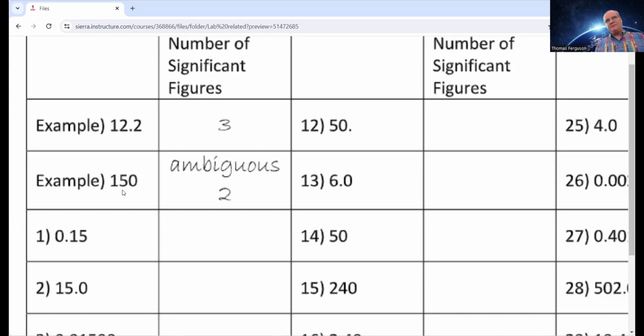Well, in the math department, they go, well, that's ambiguous. You can't tell how many significant figures it is because there's no decimal point. Well, so you treat it like it has 2. You treat it as the least significant. Now, it's up to you whether you want to write the word ambiguous or not, but it's kind of useless as far as I'm concerned. That's why they have ambiguous on there, just to cover all their bases. And if I was doing this worksheet, I would not have put it in, but guess who didn't do the worksheet?